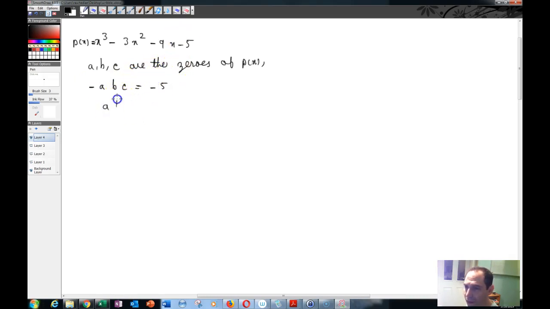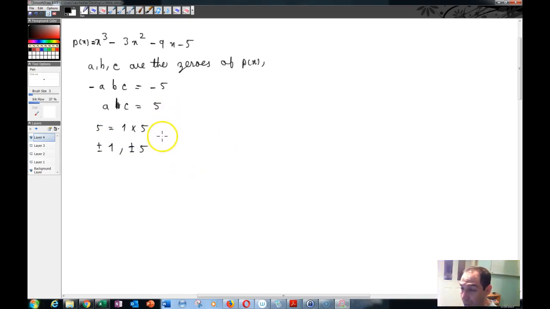So that means that abc is equal to 5. So if you factorize 5, you get 5 is equal to 1 times 5. So the only two factors that you get are 1 and 5. So the different possibilities for either a or b or c are plus or minus 1 and plus or minus 5.